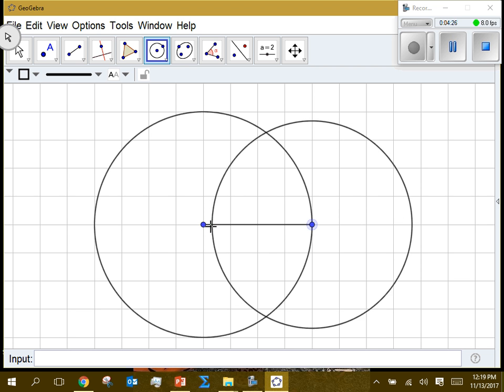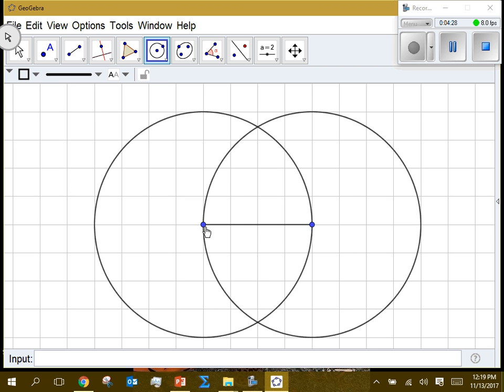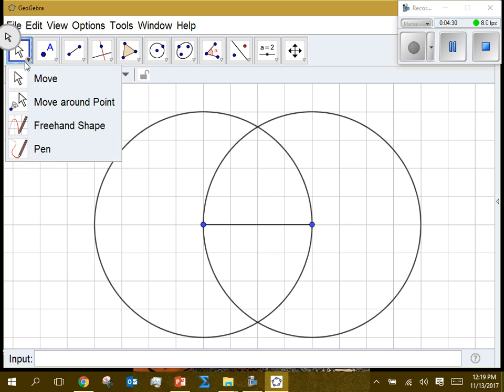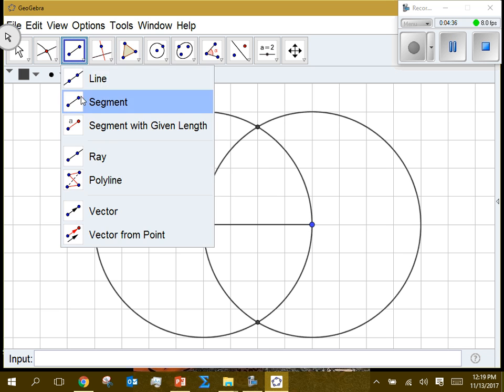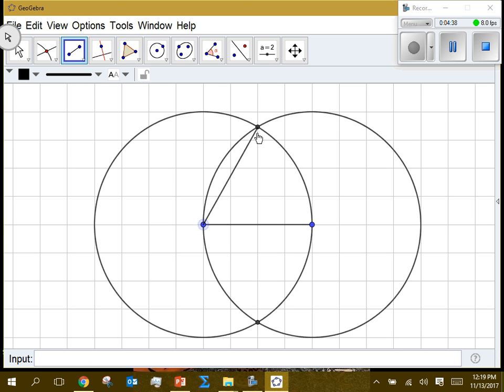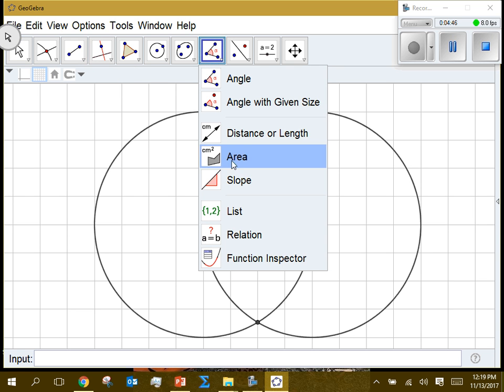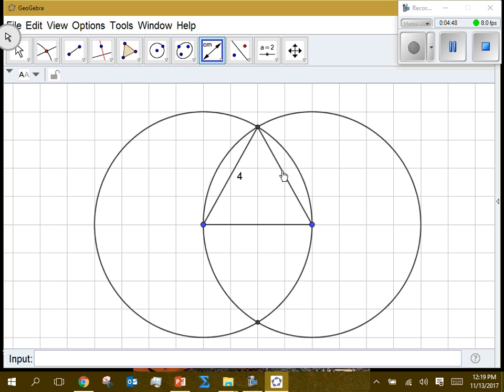Does the other circle have the same radius? Yes. Those two circles intersect in a couple spots, so I'm going to find those intersection points. What happens when I connect those segments? What is that triangle? It's equilateral. We can guarantee that by asking for its distances: 4, 4, and 4, right?